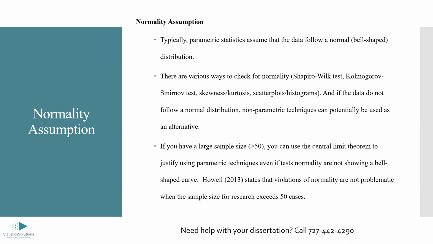So there are many ways to check for normality, depending on what reference you read. And this is really, I would say, committee specific thing. If your committee is quantitative or they focus on quantitative dissertations, they probably have a preference for what method to use. And that goes for assumption testing as well.